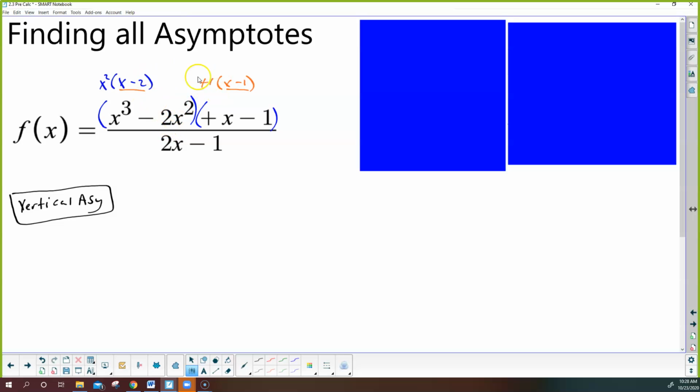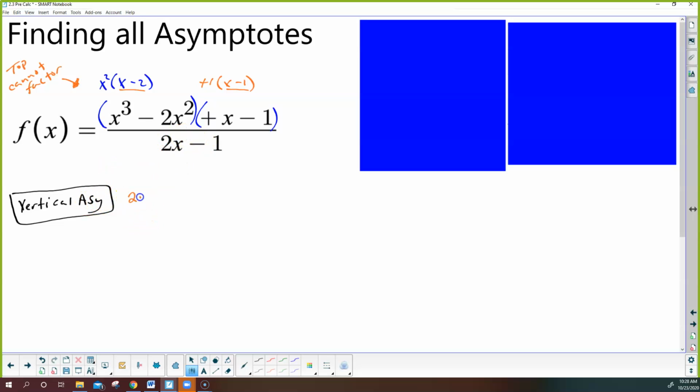All right, and that's a good sign, when it can't factor, that makes our vertical asymptote much easier. So I might just say, we checked, but the top can't be factored. So what do we do then?